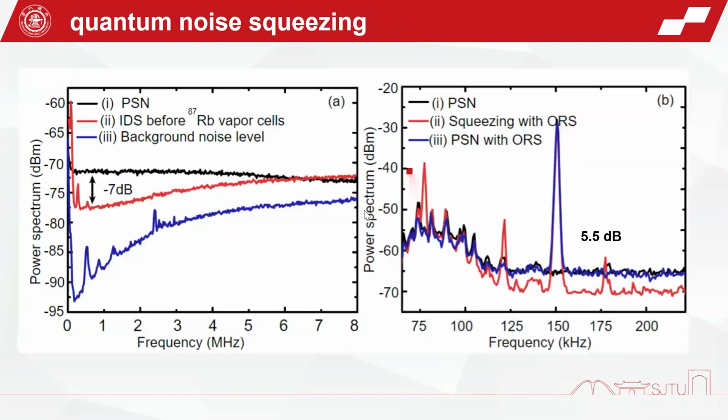If we directly measure the light generated from rubidium-85, we can see 7 dB squeezing of this light. After these two lights pass through the cell, we can see 5.5 dB. So this is caused by external loss. And we can also couple the magnetic signal here at 150 kilohertz.